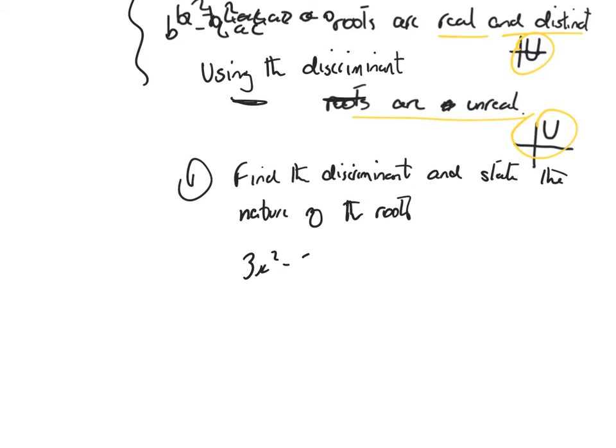Okay, so let's start with an example. Let's say we start with 3x squared minus 7x plus 2 is equal to 0. We're going to find the nature of the roots. The first thing, similar to the quadratic formula, is we identify a, b and c. Remember that we're thinking about this in its general form, which is ax squared plus bx plus c equals 0.